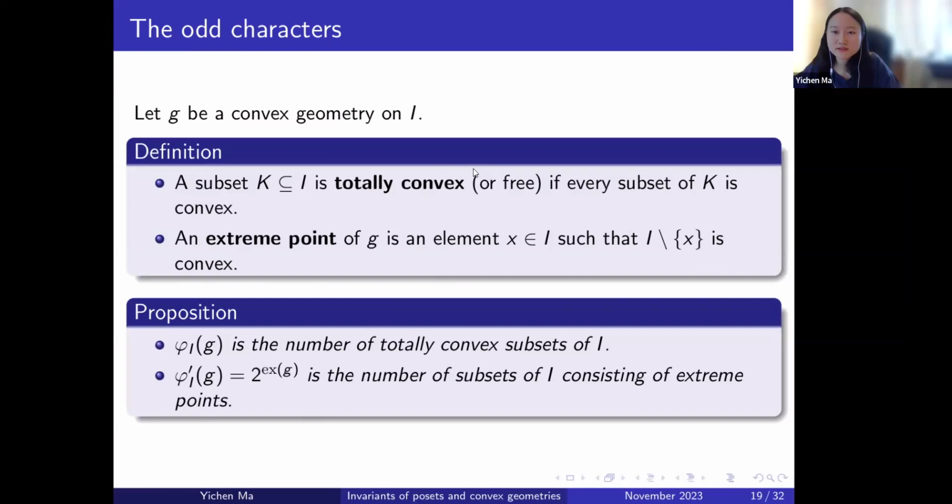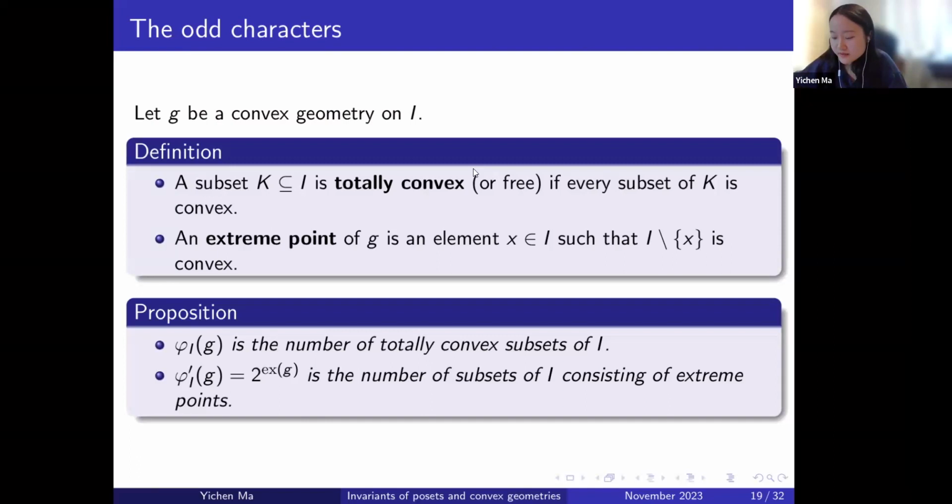So a totally convex set does not necessarily contain extreme points. But if you're totally convex, then the subset obtained by removing one element would be convex, right? So if ABC is totally convex, then the set BC is convex, right?